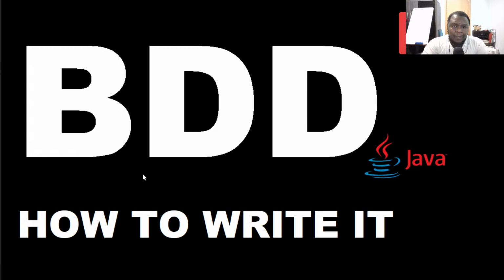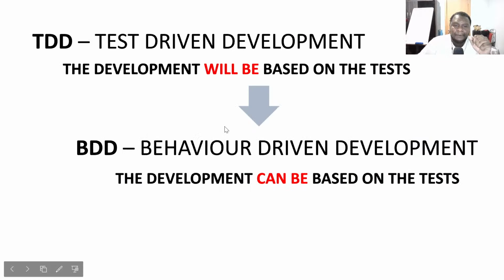If you don't know what a BDD is, BDD is just the evolution of TDD. Let's see here. For example, what is test driven development? You can understand that the development will be based on the tests.